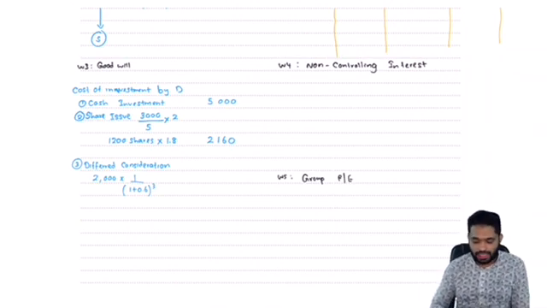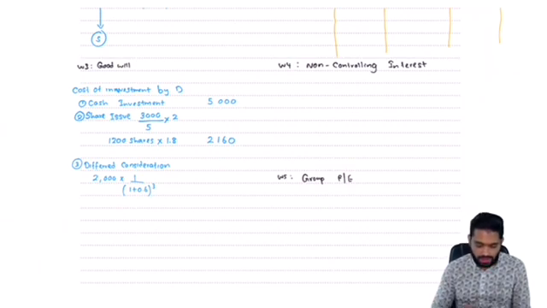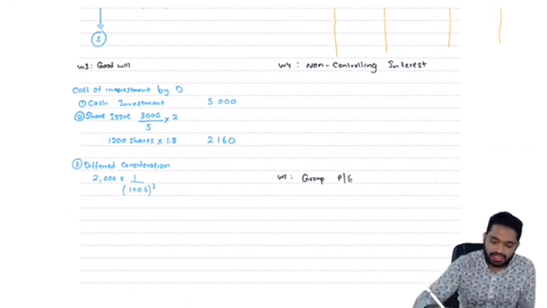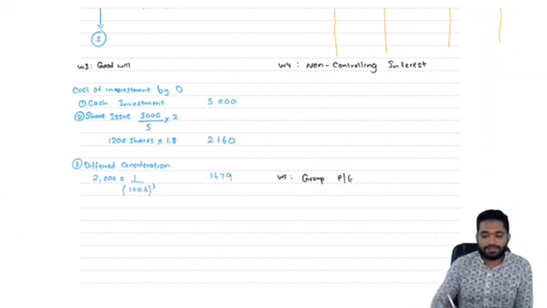So 2000 into 1 over 1.06 to the power of 3, you'll be getting 1679.